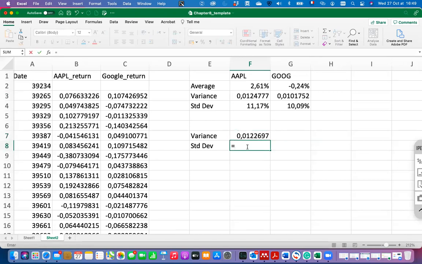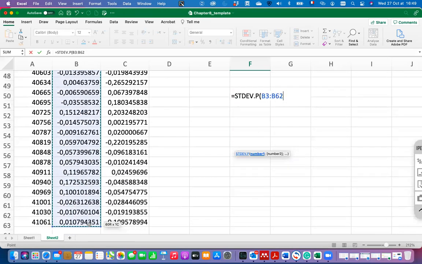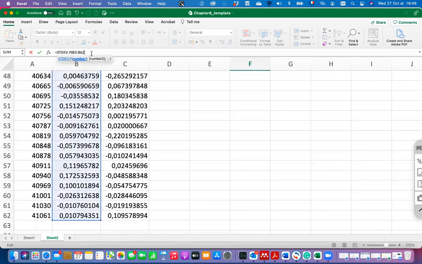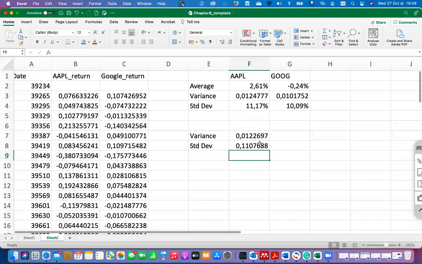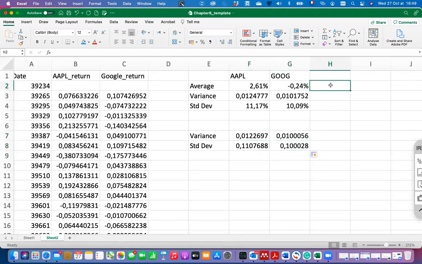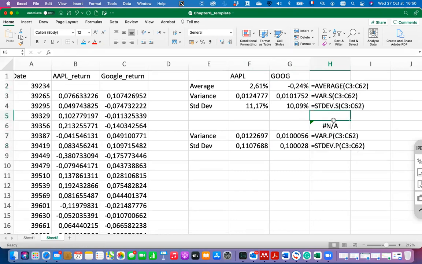Same thing here for the standard deviation for the population. And we move to Google. So here the formula text is for population. Yes, the second one is for population, the first one is for the sample.